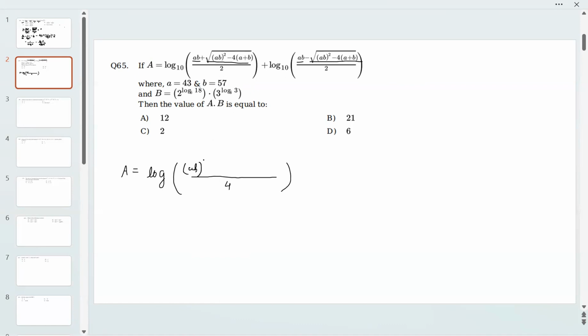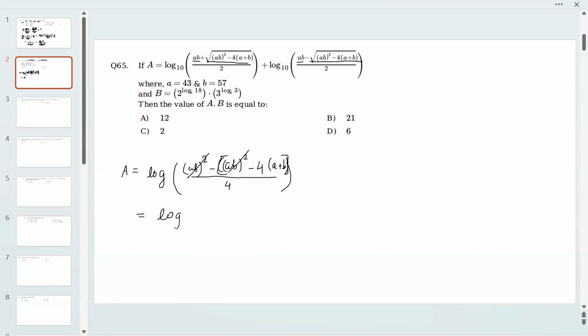So the numerator will be ab the whole square minus, if I square this, square root will be cancelled, minus ab the whole square minus 4 times a plus b. So ab the whole square minus ab the whole square. If I open the minus bracket, this and this will get cancelled, and this minus minus plus.